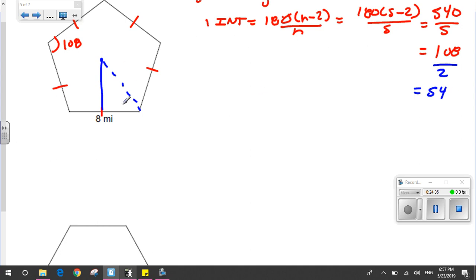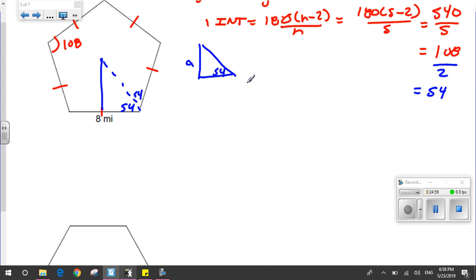So this interior angle is 54 and it's 54 outside. So here's my apothem triangle. Here's the apothem. This is 54. So I can't use my 30, 60, 90 rules for everything. Only the hexagon and equilateral triangle.